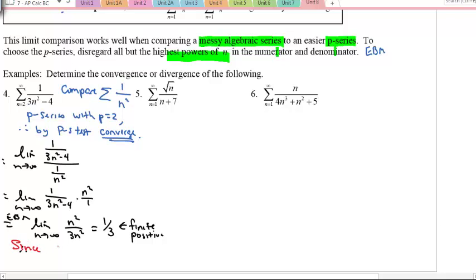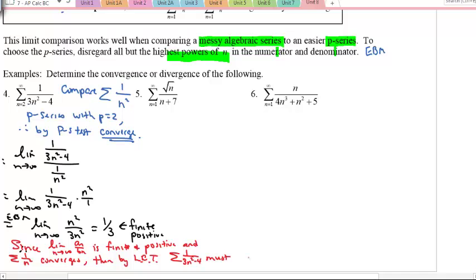Since the limit as n approaches infinity of a sub n over b sub n is finite and positive, and the summation of 1 over n squared converges, then by the limit comparison test, I'm going to use LCT for that, the sum of 1 over 3n squared minus 4 must also converge.